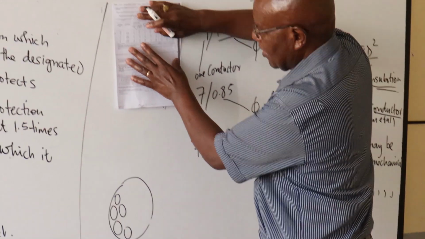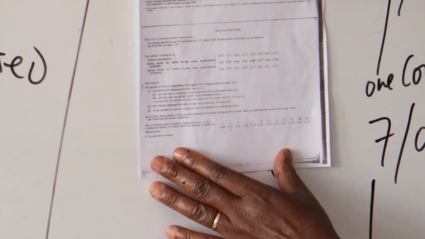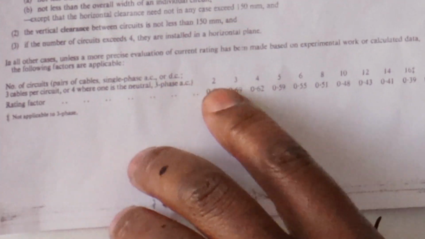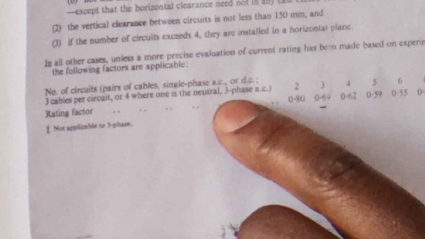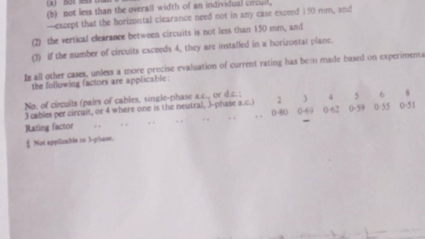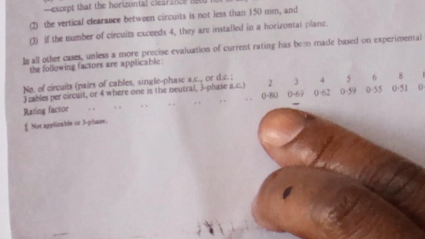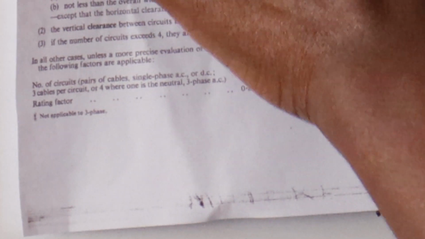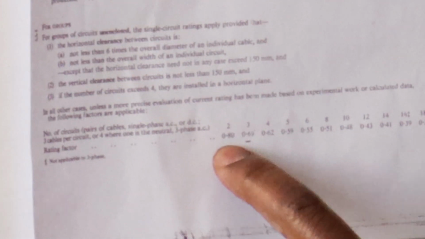Now, if you move back onto the table, again, they talk of the number of circuits, pairs of cables, single phase or DC, three cables per circuit where one of them is neutral, and so on. So in this case, number of circuits. If in your conduit you have got 2 circuits, then you derate the current carrying capacity by 0.8.